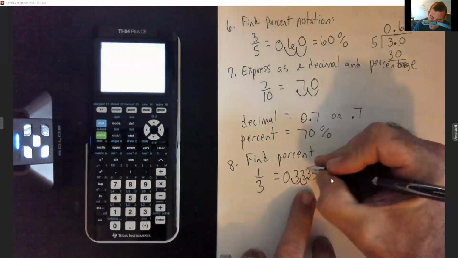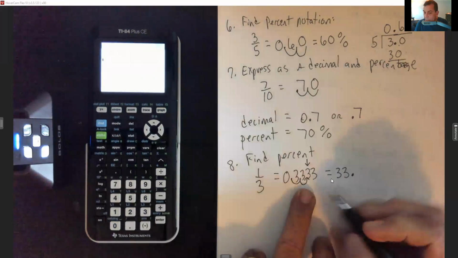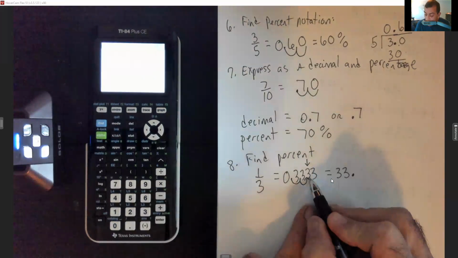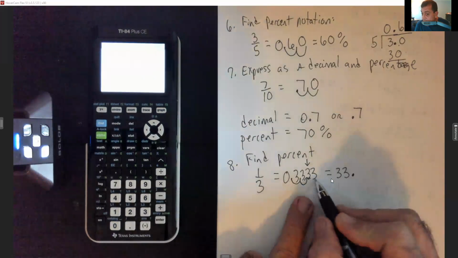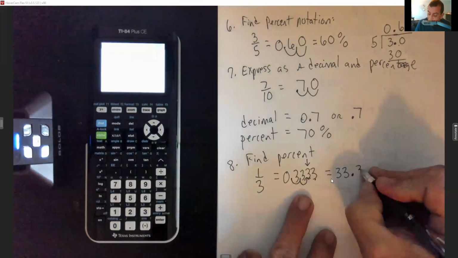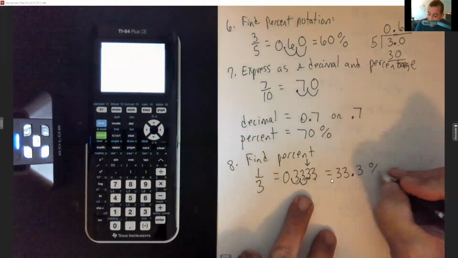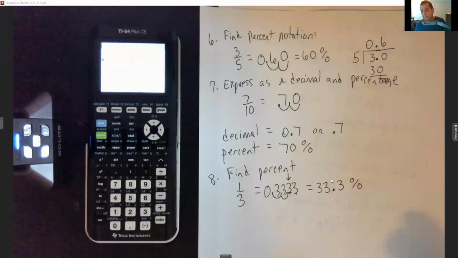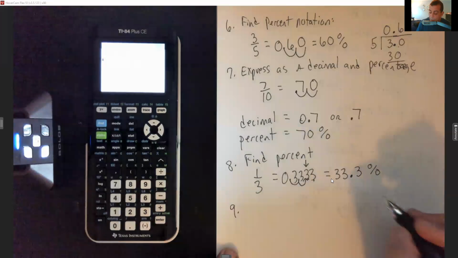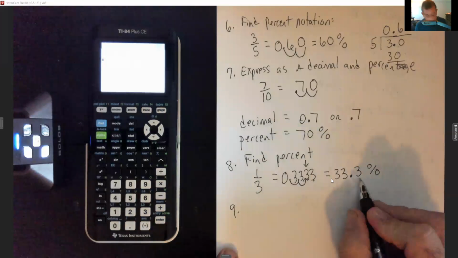Now since I'm rounding to the nearest tenth, I look at the number that's in the tenth spot, which is the 3. Since the number after it is smaller than a 5, I'm going to keep that a 3 and then add my percent. So they just wanted me to go 1 decimal place, to the tenths.